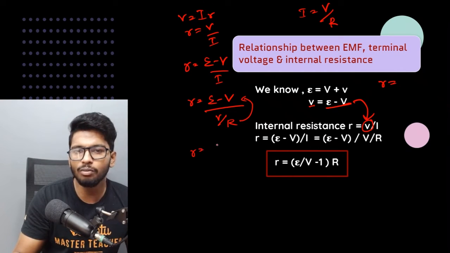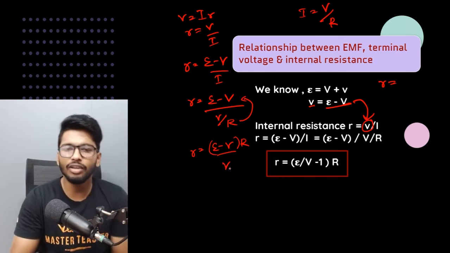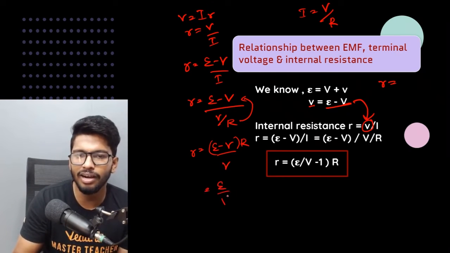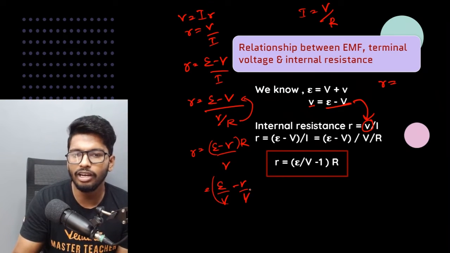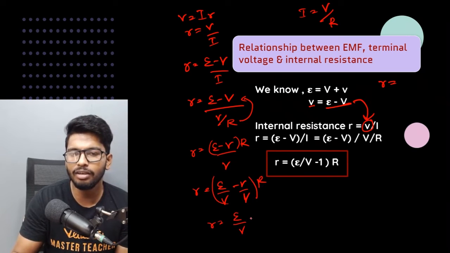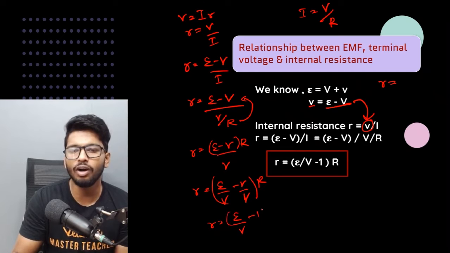So r is equal to (E minus V) whole divided by V, into R. Now here, I can write this as E by V minus V by V, into R. So here I'll basically get E by V minus 1, into R.